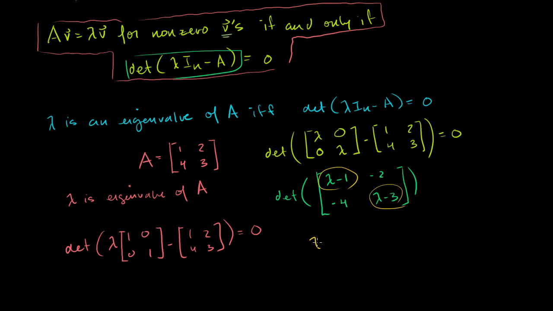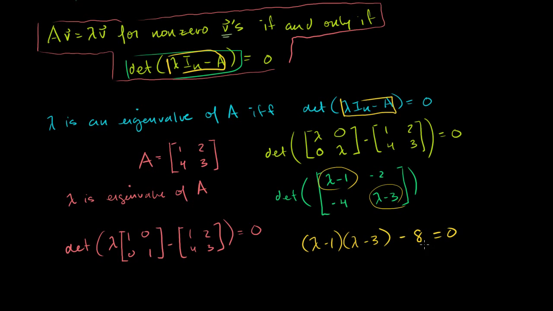So it's lambda minus 1 times lambda minus 3 minus these two multiplied by each other. So minus 2 times minus 4 is plus 8. Minus 8. This is the determinant of this matrix, which simplified to that matrix. And this has got to be equal to 0.